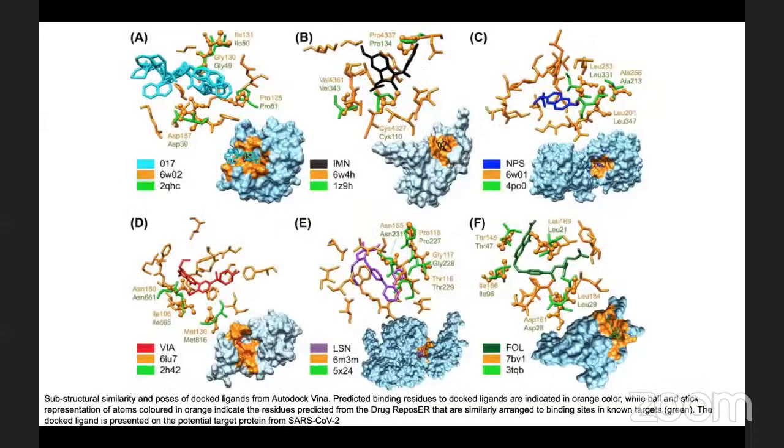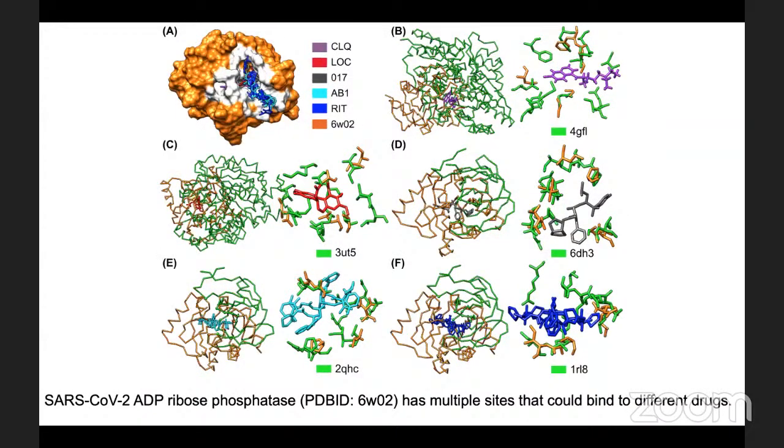We were able to publish that paper last year by looking through the available SARS-CoV-2 structures and seeing if we could reposition existing drugs into these structures as a possible means of therapy. One interesting finding was that the SARS-CoV-2 ADP ribose phosphatase has multiple sites that could bind to different compounds.